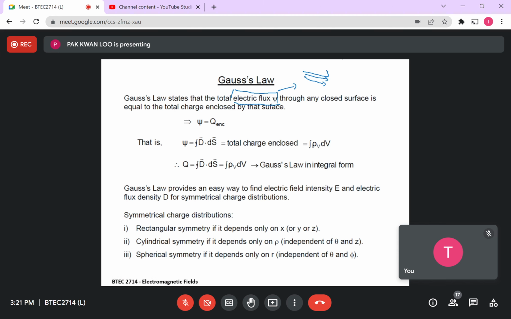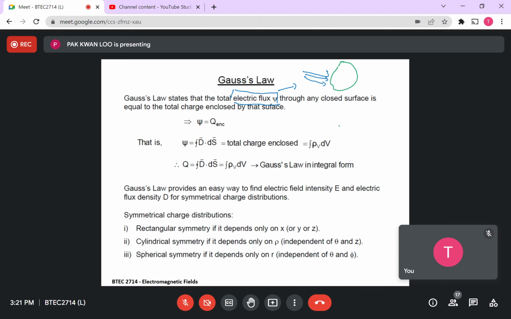Let's say this surface here is an arbitrary open surface. When I talk about a field, it means that it has values in space. Each point in space, represented by a vector, has a value, so it's not necessarily constant along the vector line.